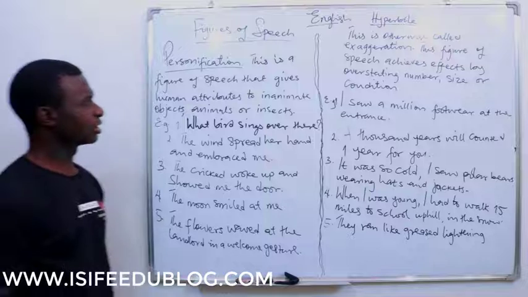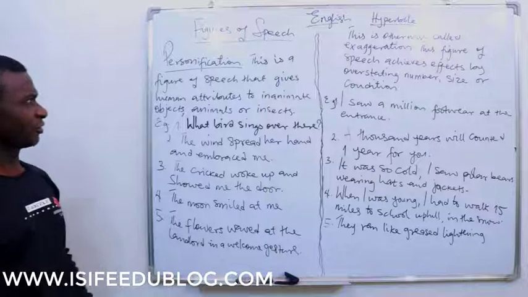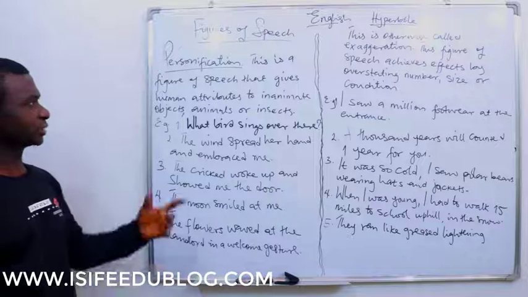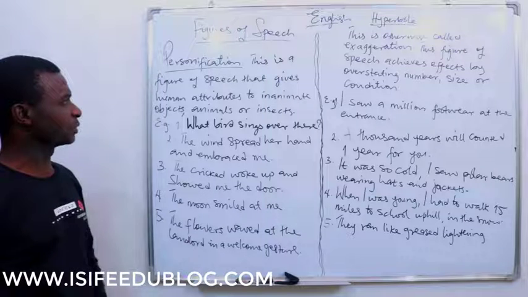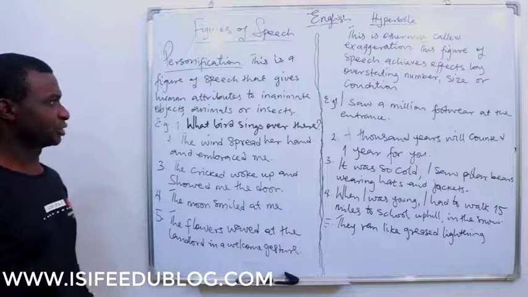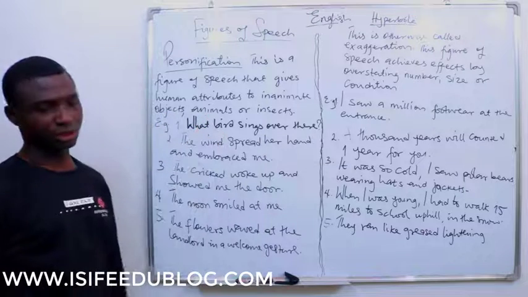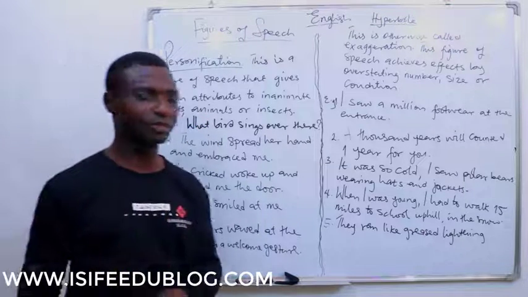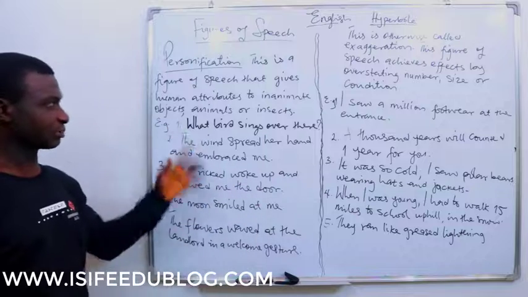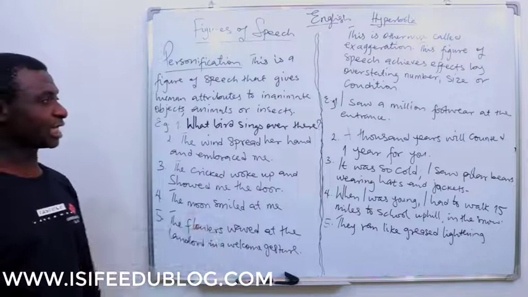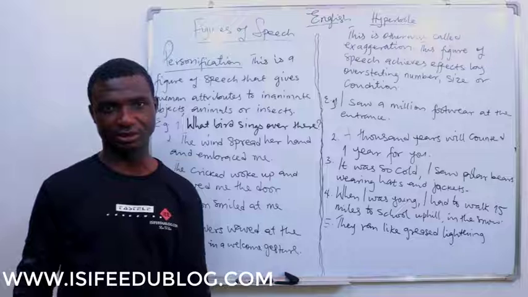So we continue our lesson focusing on personification this time, and personification is a figure of speech that gives human attributes to inanimate objects, animals, or insects. I do not limit my definition to inanimate objects because animals and insects are also personified.